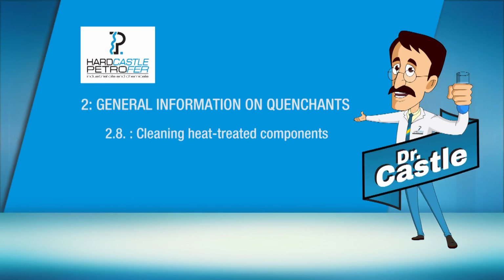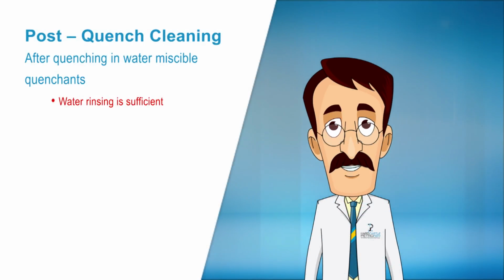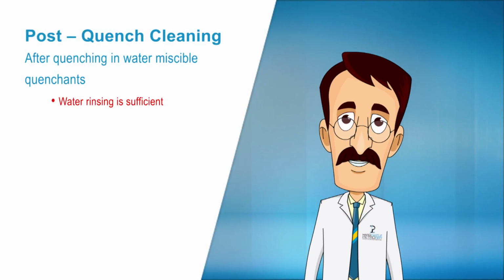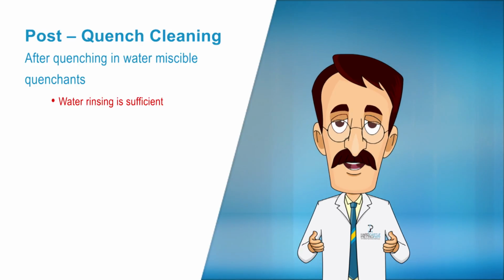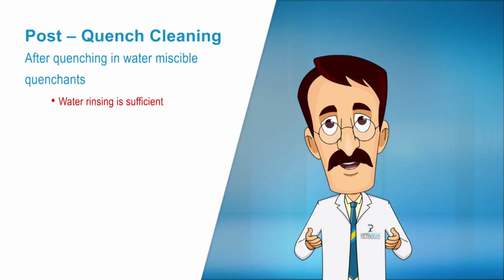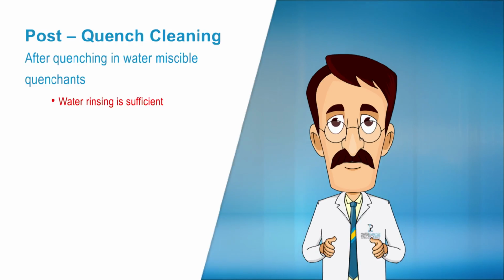Well, let me now brief you on cleaning heat-treated components. When water-miscible quenchants are used, post-cleaning of the heat-treated components is often unnecessary, even before tempering. However, when high concentrations are being used, rinsing of the components is recommended.